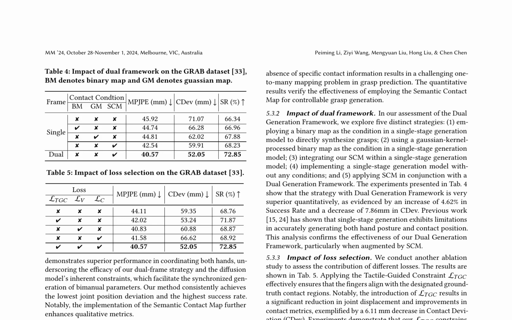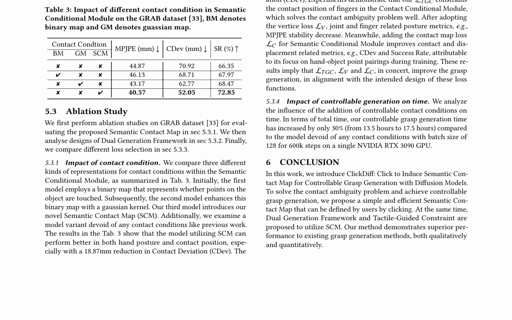Ablation studies show that the use of semantic contact maps leads to a significant reduction in contact deviation and improvement in success rate, while the dual generation framework results in an increase in success rate and decrease in CDEV. The tactile guided constraint is also effective in ensuring finger alignment with designated ground truth contact regions.